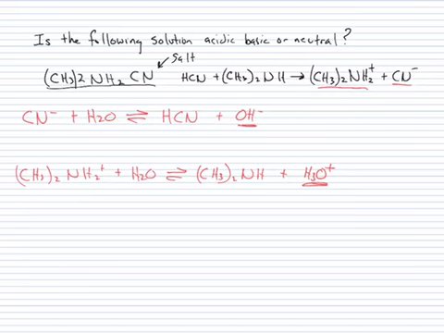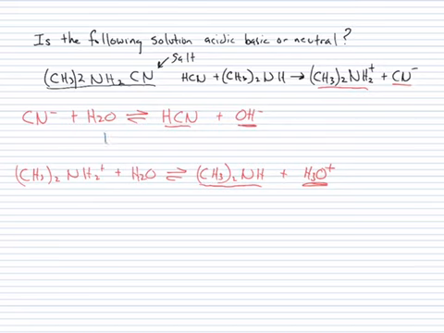acidic. So the way we're going to be able to tell this is we're going to use K values because this is at equilibrium. The greater the K value, the more likely the reaction is going to go to the right. So we're going to look at the K value of HCN and of dimethylamine.